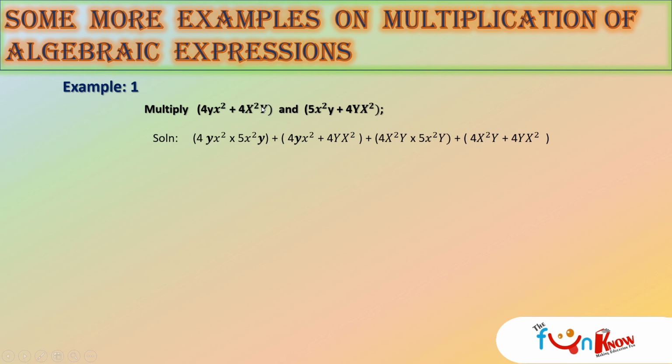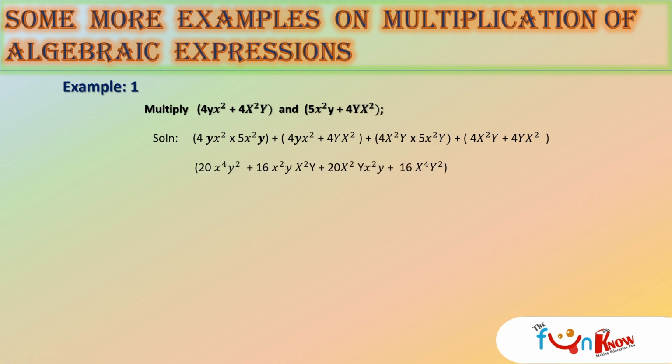Then you will take the second term, that is 4x square y, and multiply it with the first term of the second expression, that is 4x square y into 5x square y. And then this 4x square y, which is capital, will be multiplied with 4yx square. That means this term will be multiplied with this and also with this term, and this term will be multiplied with this and also with this. Okay, this we have already seen, students.